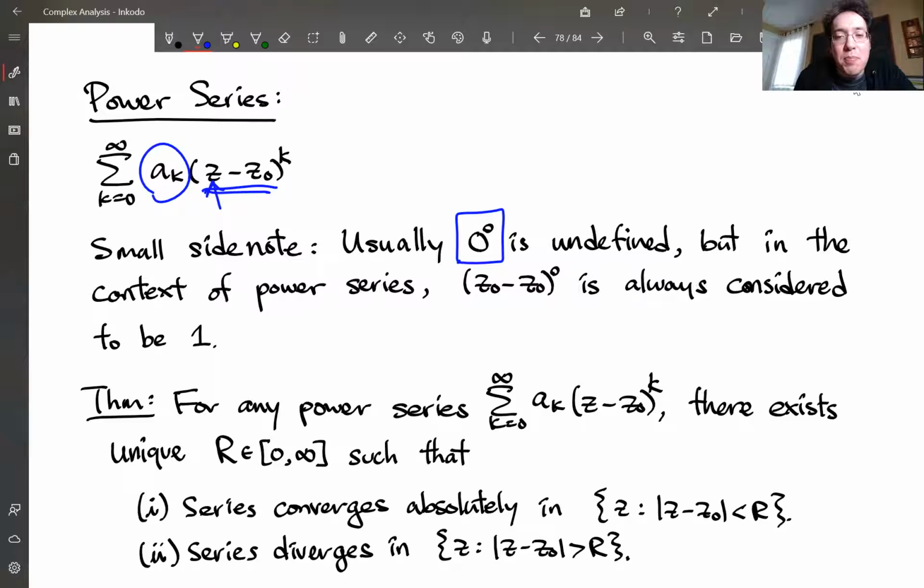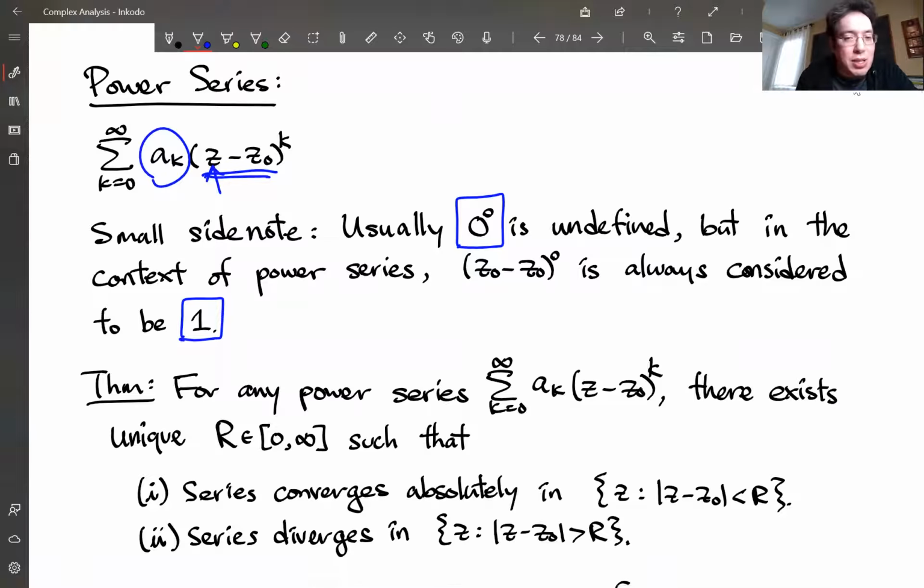But in the power series case, 0 to the 0 is going to be considered to be 1. It's just that the 0th power term is understood to be a constant. We're looking at power series as something that looks like a polynomial, where the power could go higher and higher, so it's like an infinite order polynomial. And we want that 0th power to be the constant term. So that's the convention.